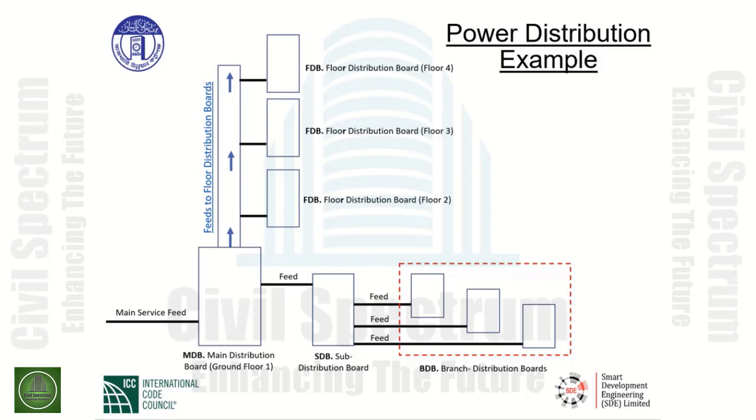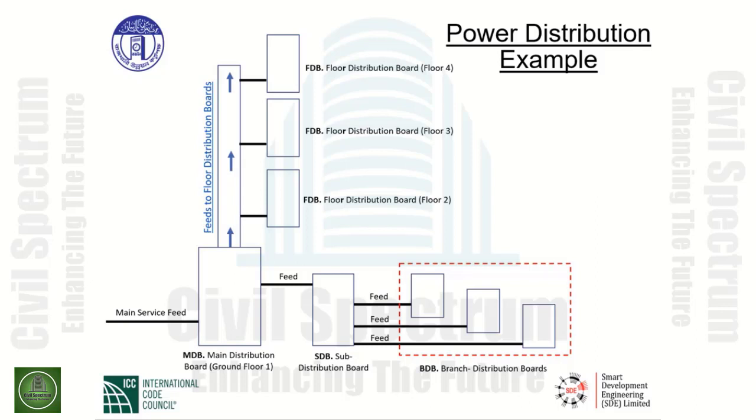From that point, out of the top of the main distribution board, we run feeders to feed floor distribution boards on upper level floors of a multi-storied building. As you can see here, we have a floor distribution board on floor number 2, a floor distribution board on floor number 3, and a floor distribution board for floor number 4.